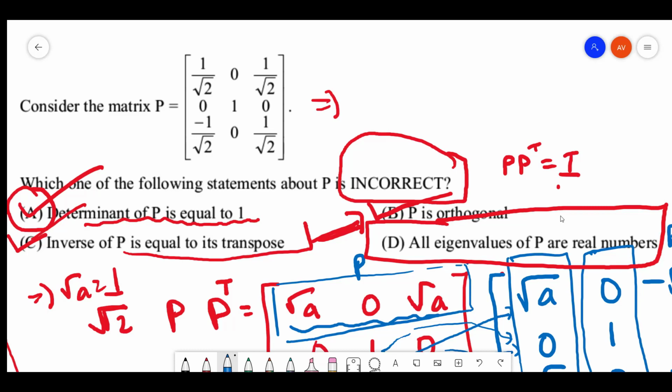That is also one way to find the answer, but then you don't know which option is wrong. So the only way here is to try out all the options and check whether these statements are correct or not. I hope you understood the problem. Thank you.